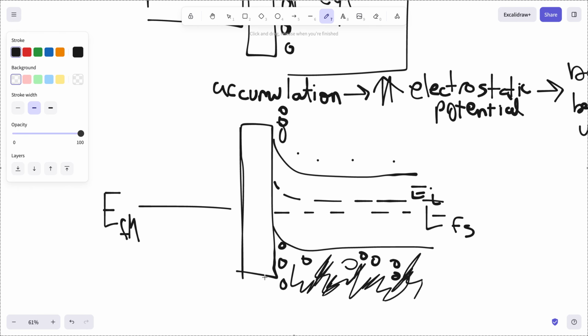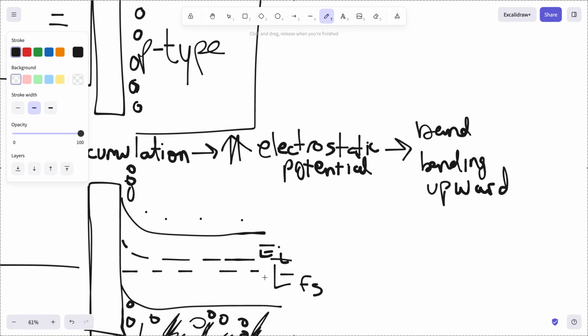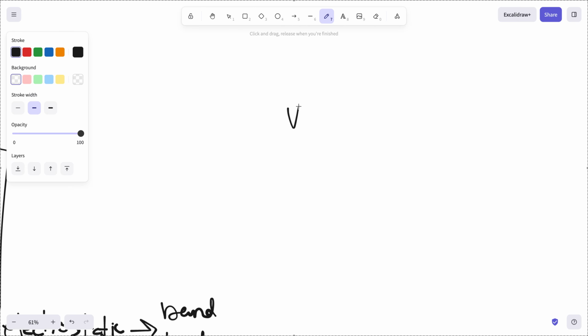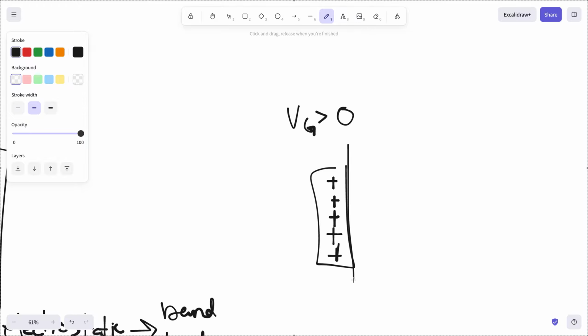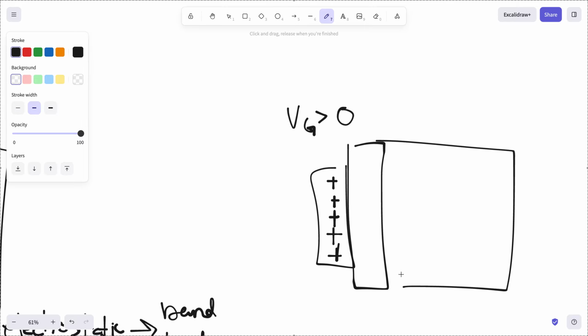Similarly, if you were to apply a negative voltage, V sub G less than 0, then you would have an accumulation of positive charges on the metal, which would cause there to be negative charges at the p-type.